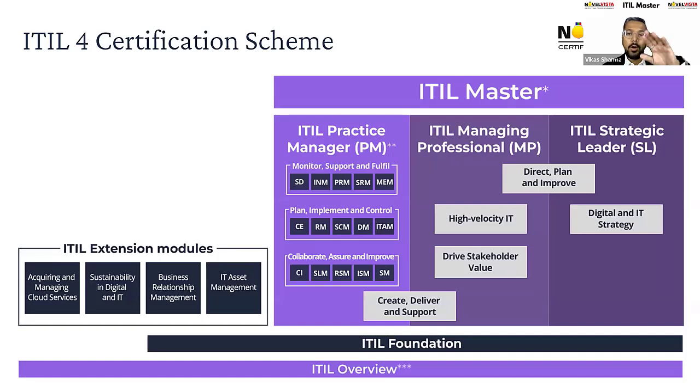Now, people who have already done the ITIL Managing Professional Transition Bridge course, where they transitioned from ITIL V3 to ITIL 4, who was eligible for that transition bridge course? People who have a minimum of 17 credit points in ITIL version 3. What are these 17 credit points? There we used to have the lifecycle module or capability module.